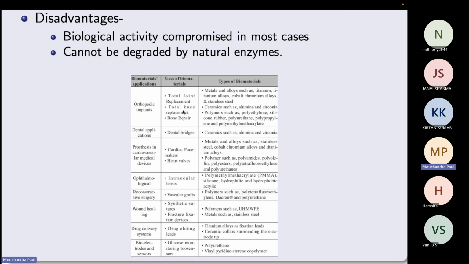Those people who have osteoarthritis, and whose knee or hip joints are not working properly or have corroded very badly, for them people make implantable structures using these materials. Dentists also use various kinds of ceramics like alumina and zirconia to create structures for various dental applications.